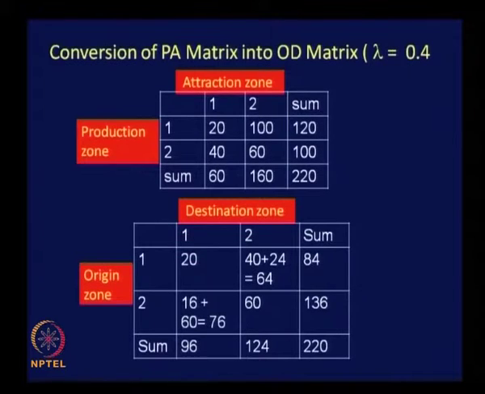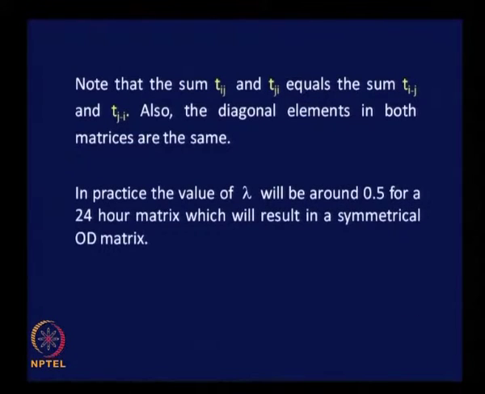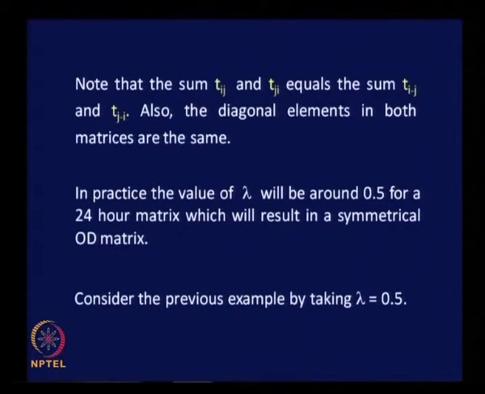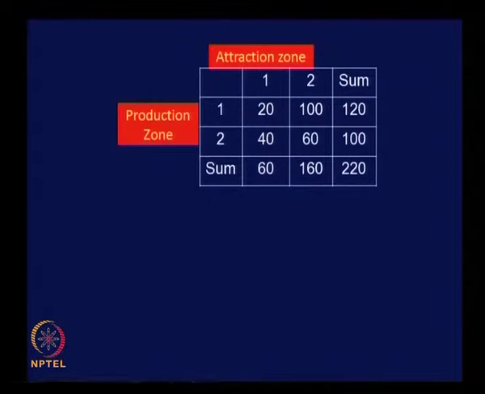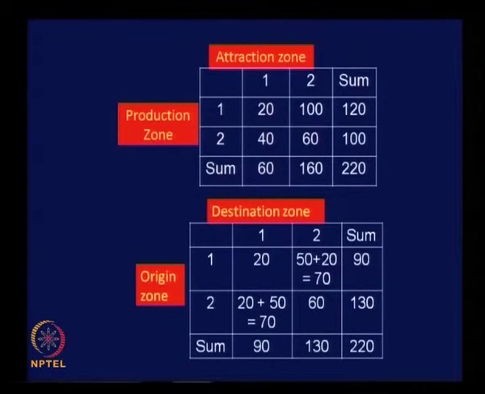If you look at the OD matrix, here it is 64, here 76, right, and let us see what happens to these cell values when we take lambda to be equal to 0.5. Consider the previous case with lambda equal to 0.5. This is the PA matrix, and the OD matrix will be like this.